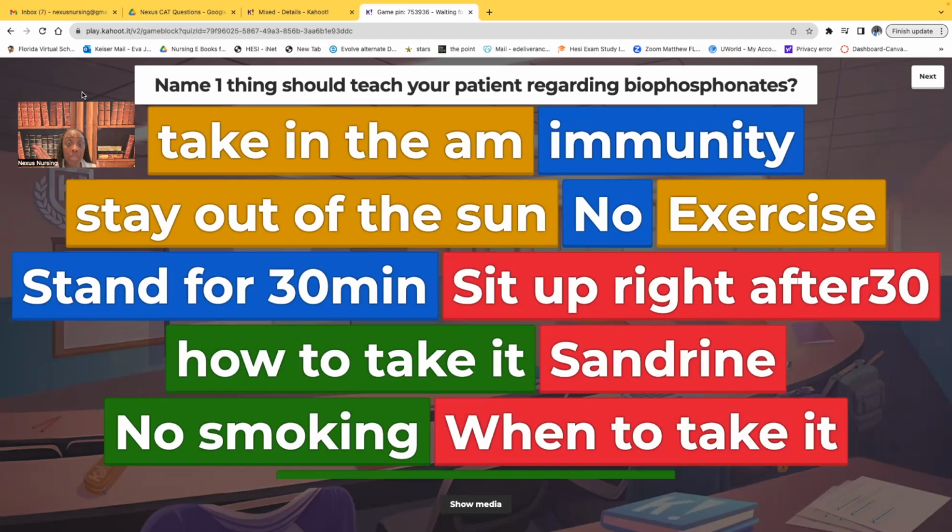We're going to teach them about the side effects or adverse effects of this medication, about potential diarrhea, nausea, flu-like symptoms, joint pains that they should report if they experience those type of adverse effects. And of course, no smoking. We're always going to tell the patient to stop smoking. Absolutely. Very good.